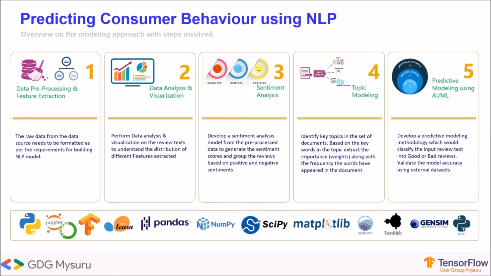And whenever you add new data, based on the structure which has been defined, based on the weightage which has been given in stages number 3 and 4, in a similar way the new weightage will be given to the new data. And that's how the predictive model works here. The new review will be classified whether it's a good review or a bad review, based on the negative, neutral, and positive sentiments.